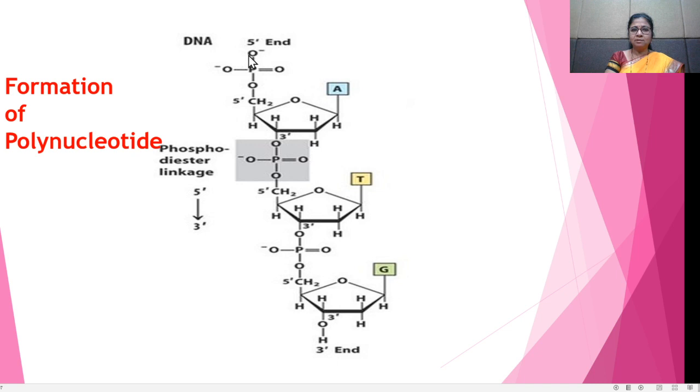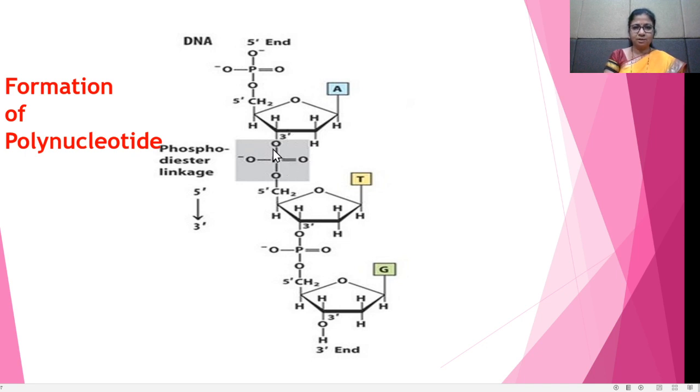The 5' end means the 5' carbon atom is linked with this phosphate group, and the 3' carbon atom is linked to the phosphate group. There are two linkages of the phosphate group in this way. The two nucleotides are linked with this phosphate group at the 3' position.